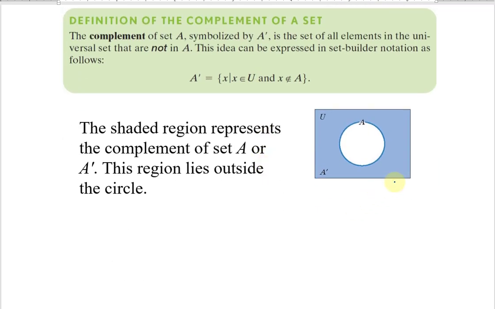For example, the universal set is a big rectangle, and set A is the white circle. Then the complement of A is the rest that is outside of set A but still inside the rectangle, the universal set. So A prime is outside.